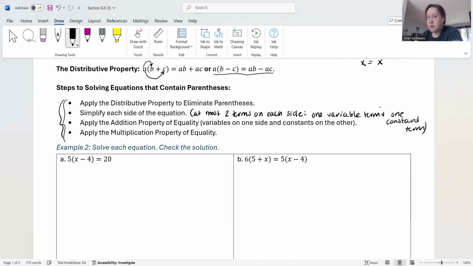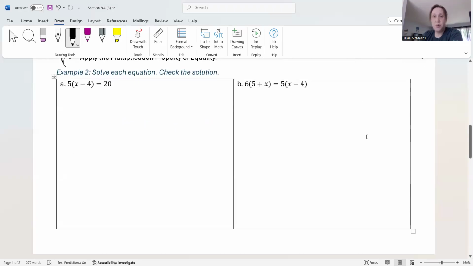All right, so simplify the left down to at most two terms, simplify the right down to at most two terms. And then we start applying our properties. So after you get two terms on each side at most, you want to apply the addition property of equality. What that allows us to do is get the variables on one side of the equation and the constants on the other side of the equation. And then finally, at the very last step, you would apply the multiplication property of equality.